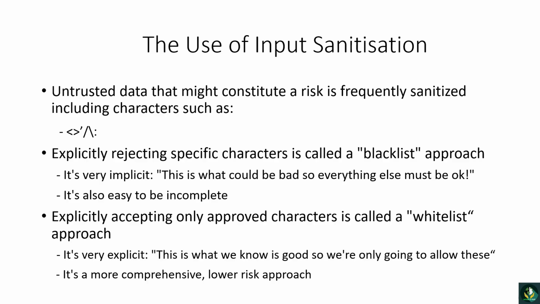It's very easy for that approach to be incomplete, and we're going to see an example of it. The problem is you may think you know what a bad character is today, but if a new attack vector is discovered tomorrow, your system may still be at risk.